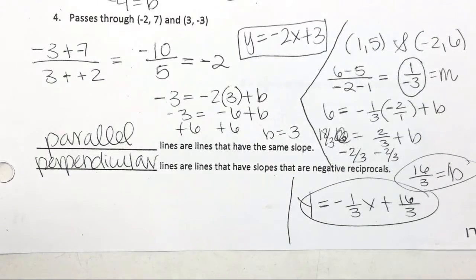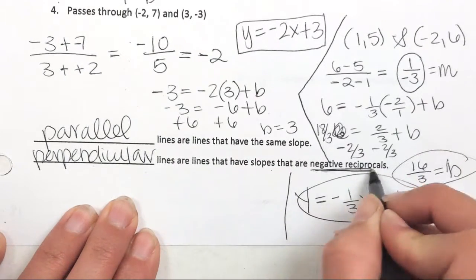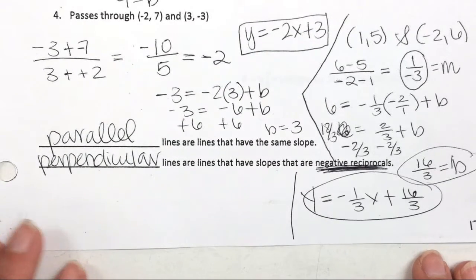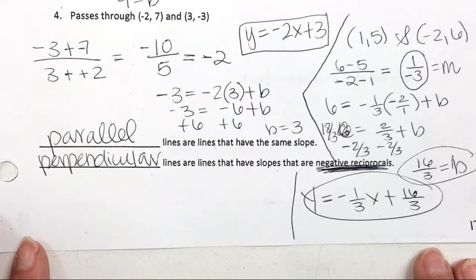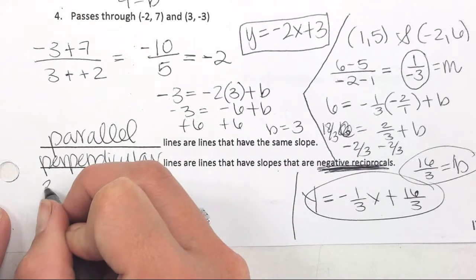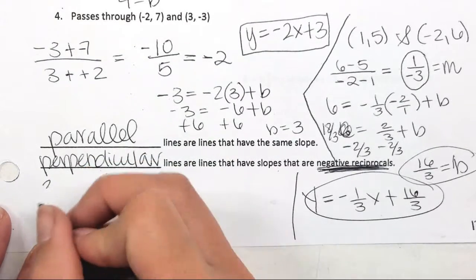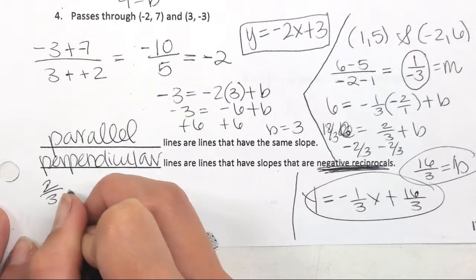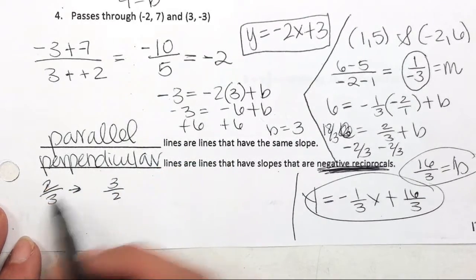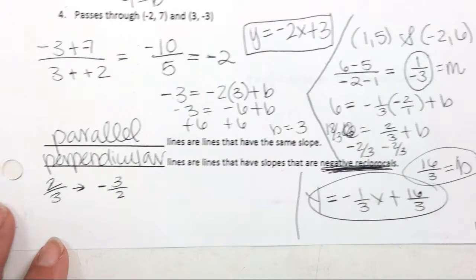Alright, now let's talk about this term, negative reciprocals. What does that mean? Flipped. Good. First of all, let's talk about just reciprocal. What's the reciprocal of 2 over 3? 3 over 2. Alright, so what's the negative reciprocal of 2 over 3? Negative 3 over 2. Good.